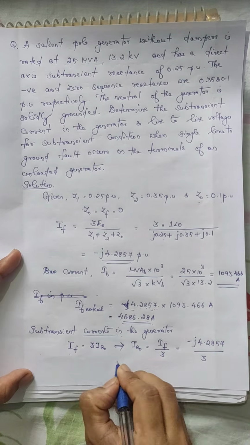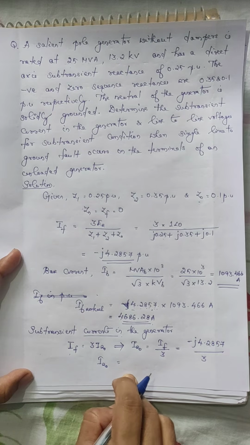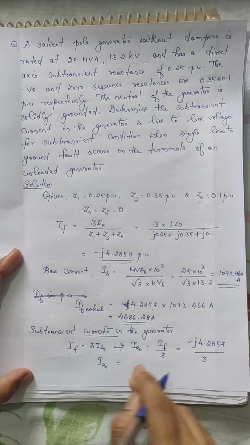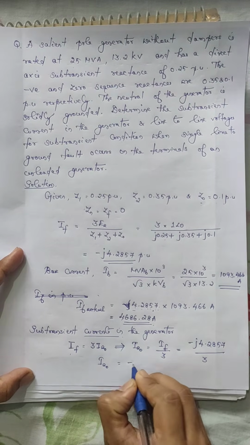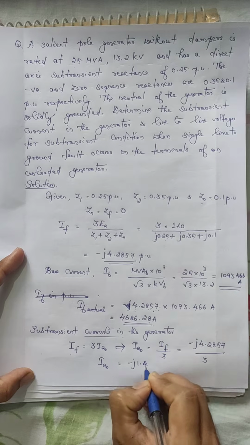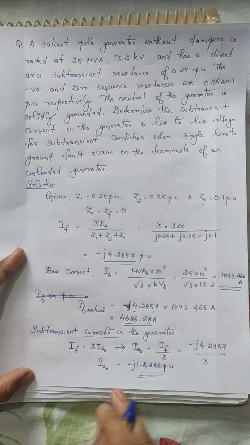The answer is IA0 equal to minus j 1.4286 per unit. So we have IA0.